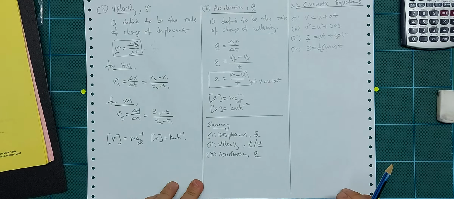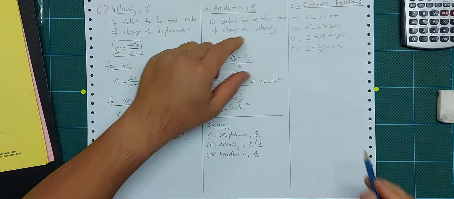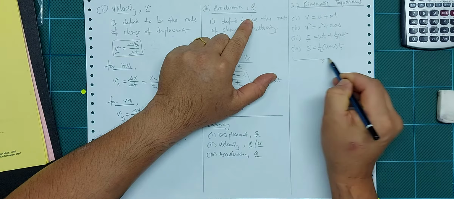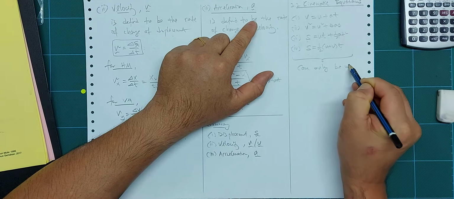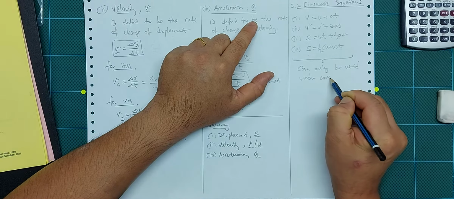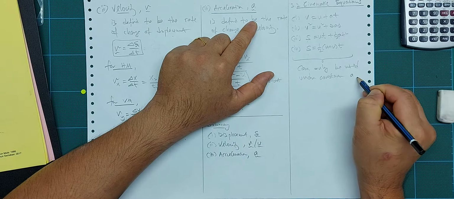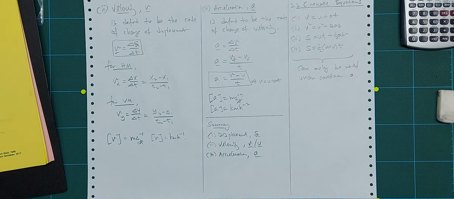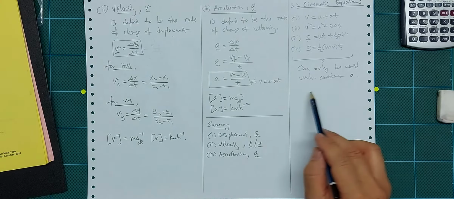To use these, we have an assumption: all of this can only be used under constant acceleration, constant A value. If your A is not a constant, you cannot use these equations. That is one of the criteria.